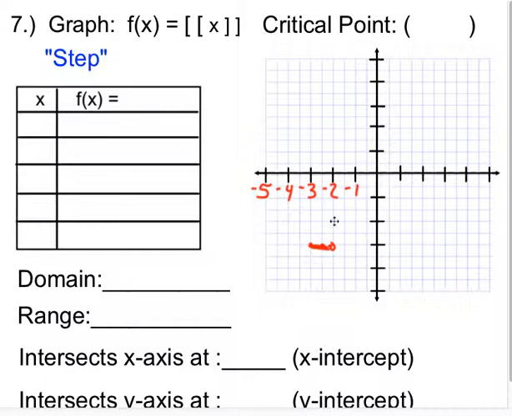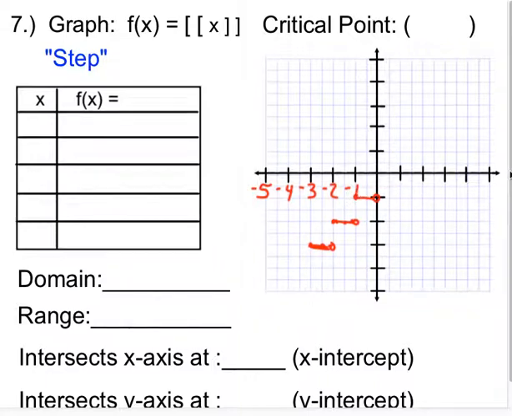Negative 2, however, would round to negative 2, or stay at negative 2. Negative 1.5 would round down, negative 1.9, negative 1.1. Everything between negative 1 and negative 2 would round down to negative 2. Similarly, between 0 and negative 1, everything would round down to negative 1, and so on.